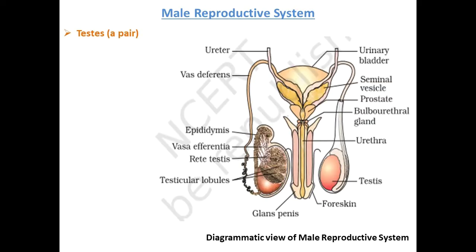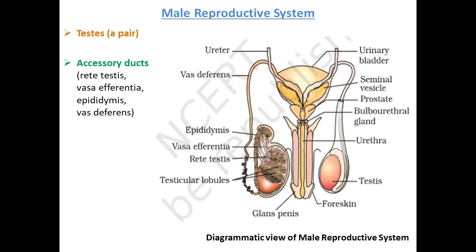Male reproductive system consists of number 1, testis. Next, accessory ducts, that is rete testis, vasa efferentia, epididymis and vas deferens. Number 3 is the glands.